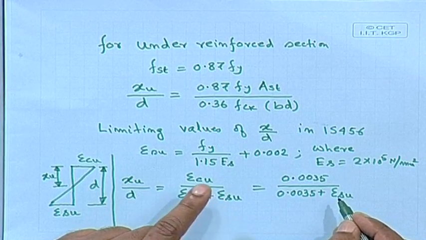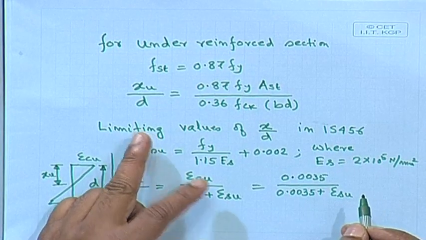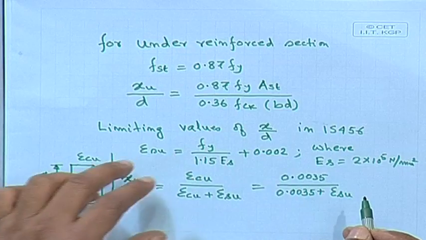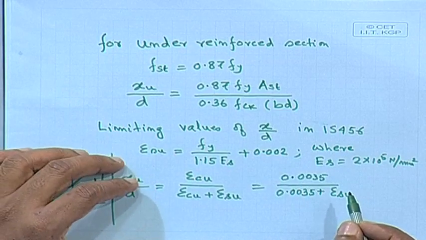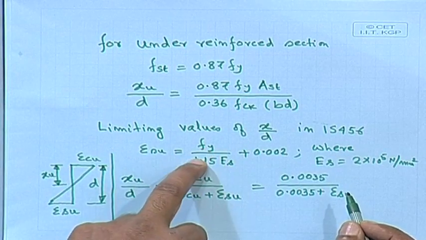Epsilon Su is different for different grades of steel, which is given in our IS 456, and we can get it using this formula.